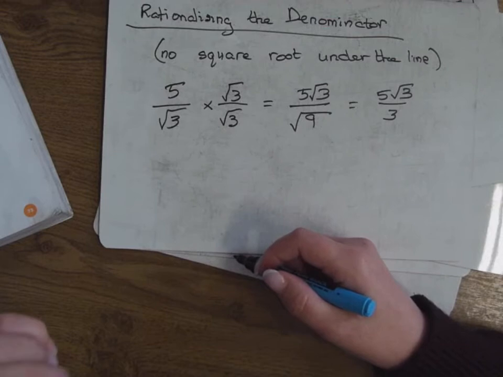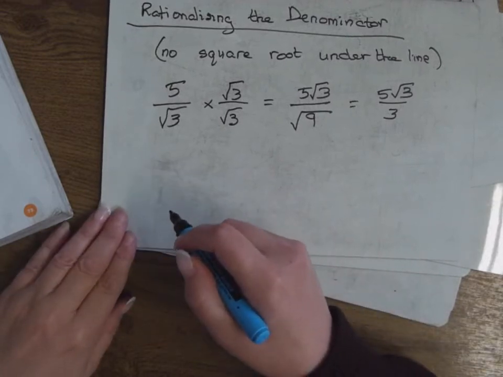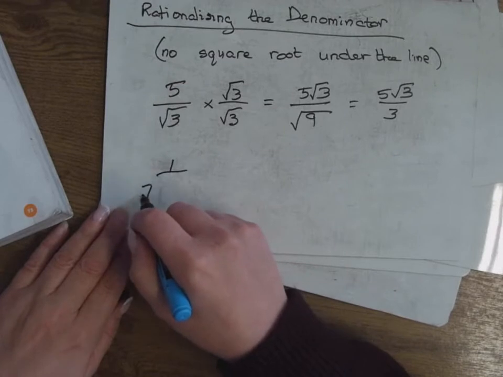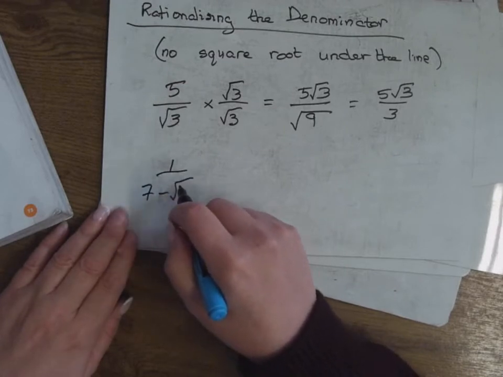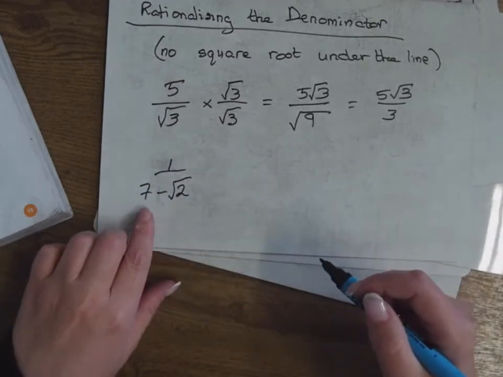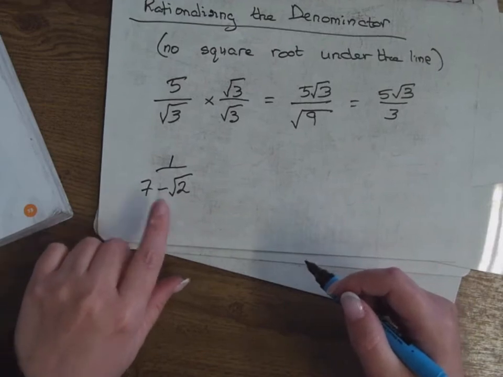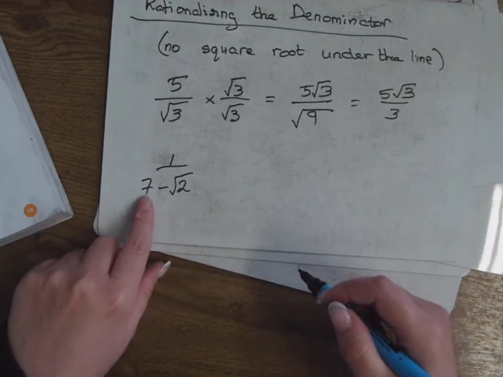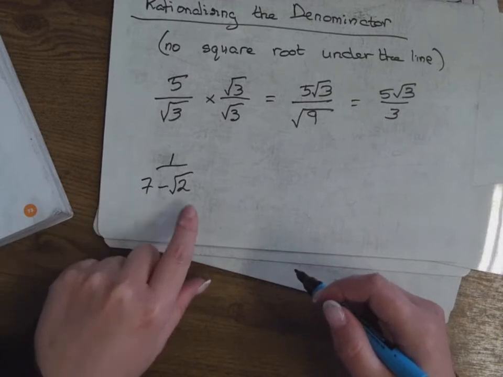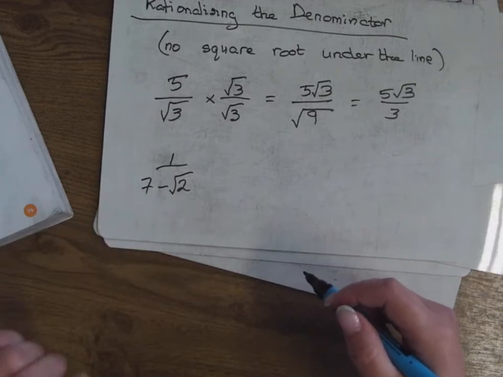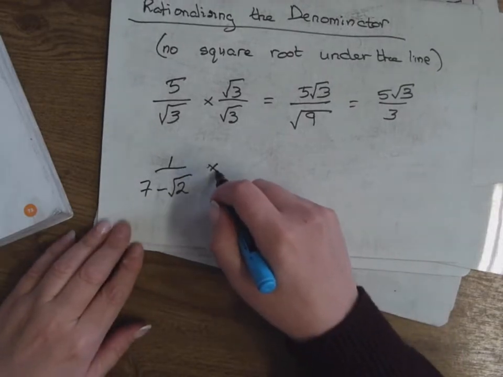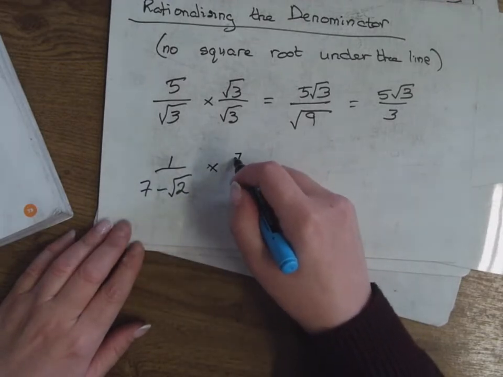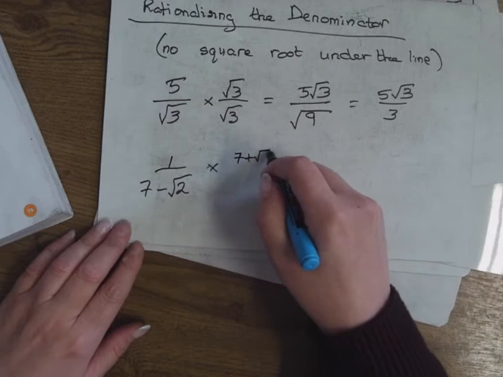Is that okay? So a bit of a harder one, if I had 1 all over 7 minus root 2. When there's a rational bit, as in no square root sign, and an irrational bit, a square root sign, you multiply above and below, changing the sign of the irrational bit, so multiply by 7 plus root 2.